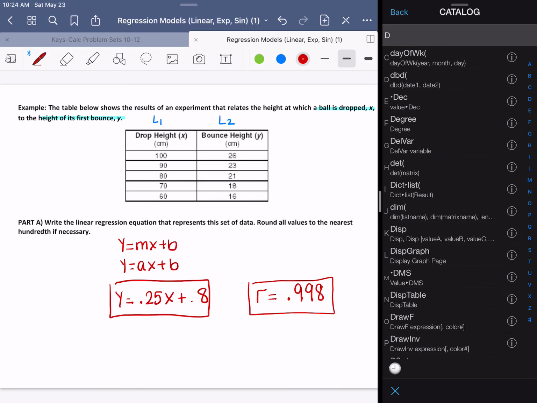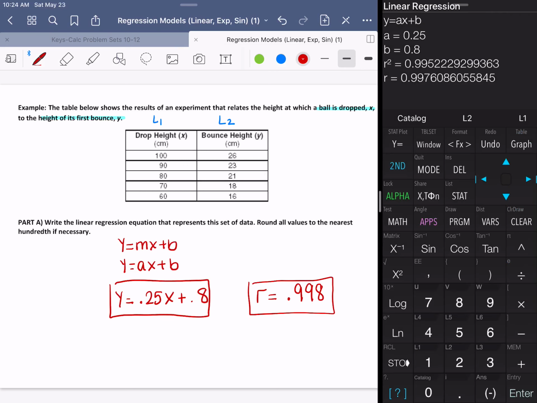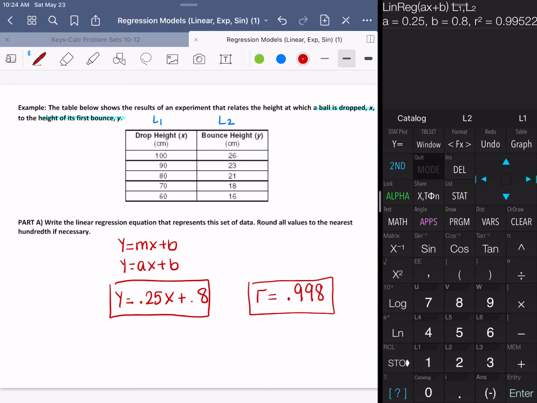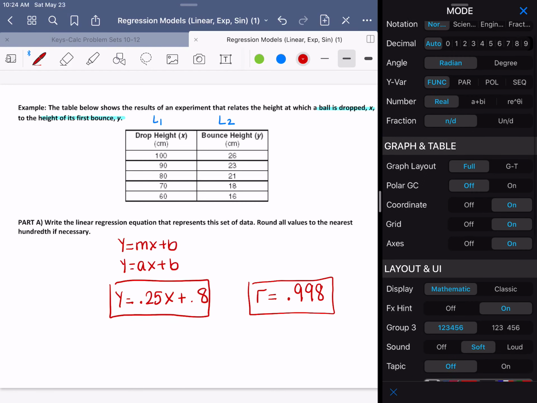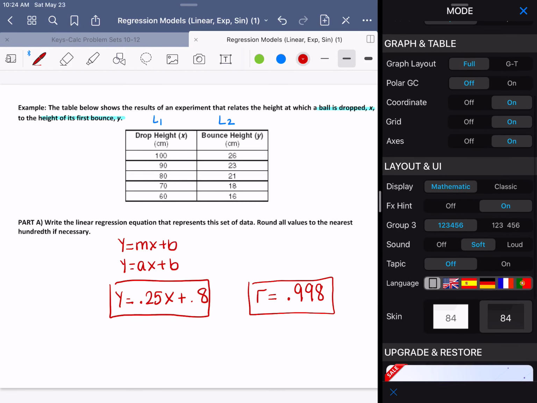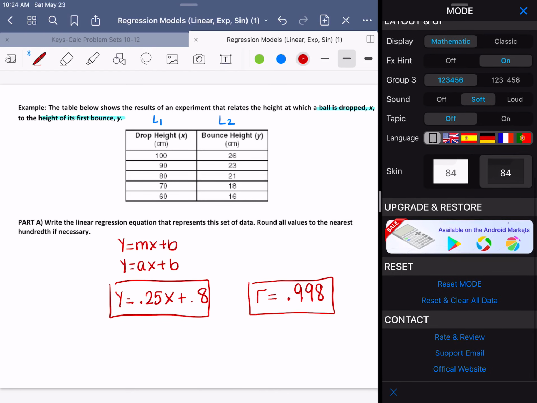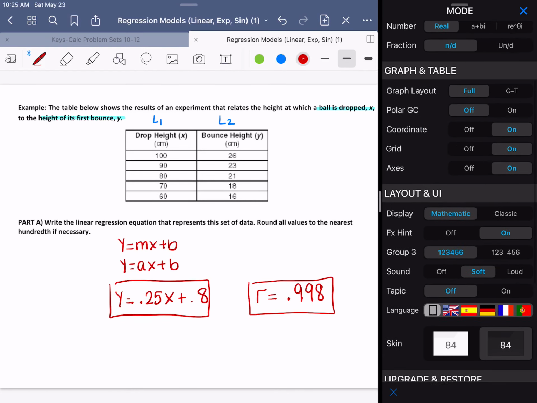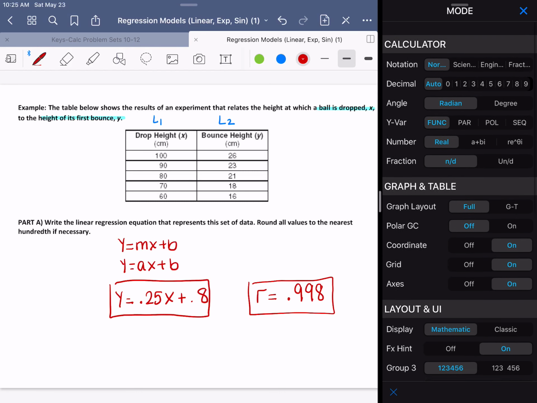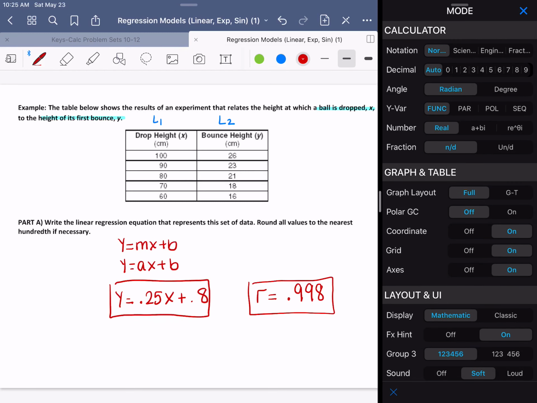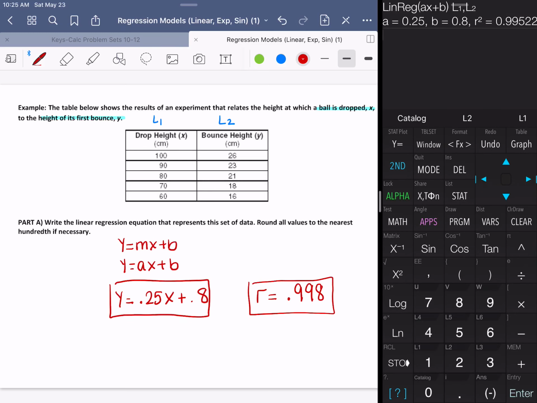So take your diagnostic and turn it on. There is another way to get to it. If you hit second quit and you go to the mode, it should be down here somewhere. It may say diagnostics. All right, I don't see it. If you have trouble, let me know. I can send you the information of how to do that. But that's how you would get your correlation coefficient.